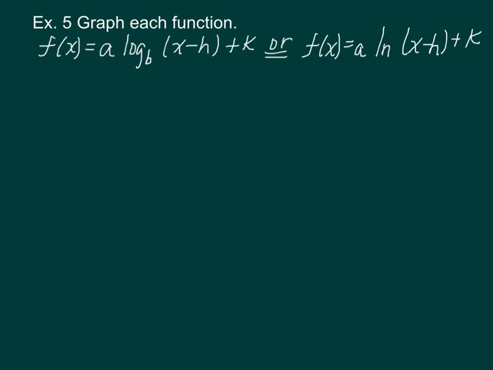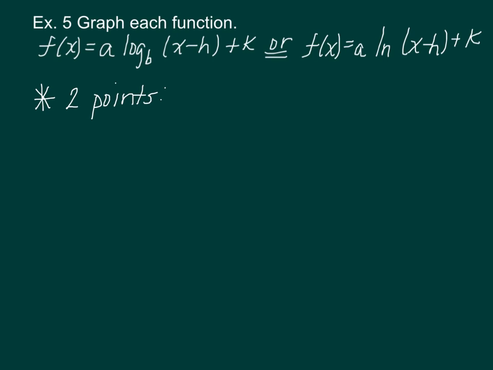Okay, now it's time to graph the logs and the natural logs. These are your two general forms that you would see. Now, because logs and exponential forms are inverses of each other, everything is going to be a little bit different when you graph. So when you graph, you only need 2 points to graph.